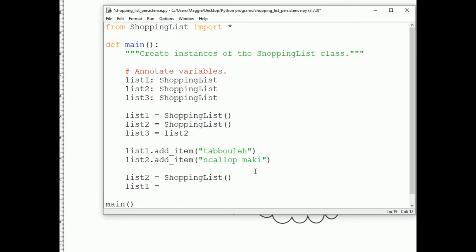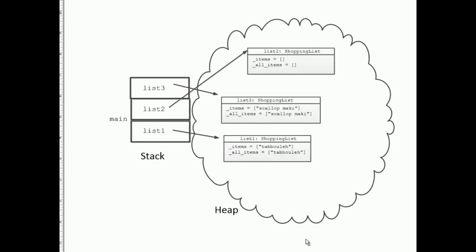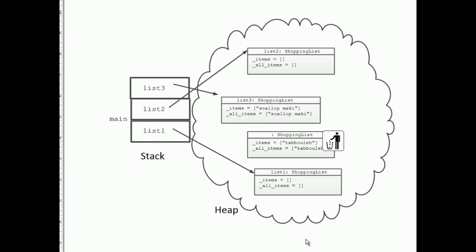So list1 equals shopping list. And before I show you my drawing, we'll look at the current drawing and pause the video and sketch what this now looks like. Now here's my drawing. List1 now references this second new empty list, but the old area referenced by list1 has no references, so it will be marked for garbage collection.